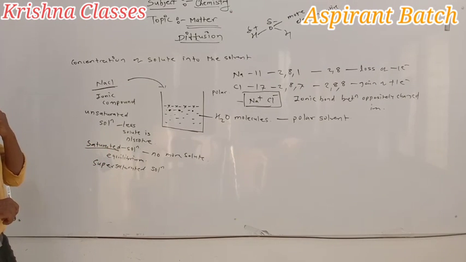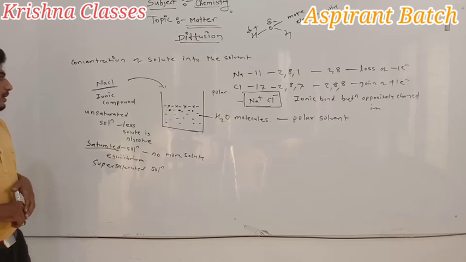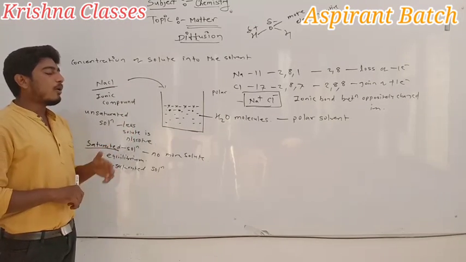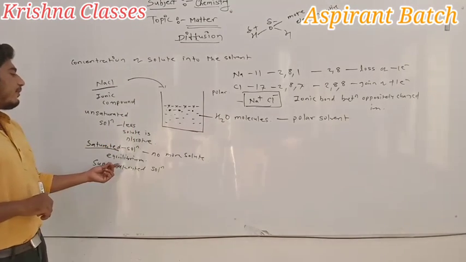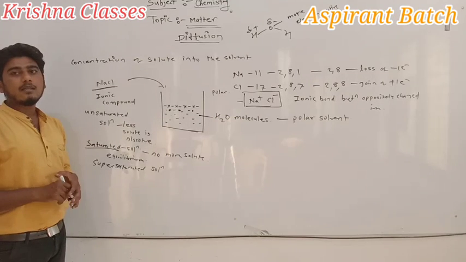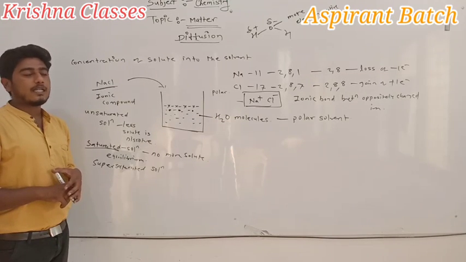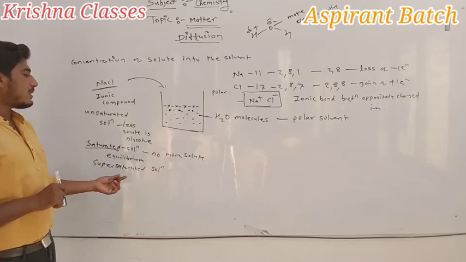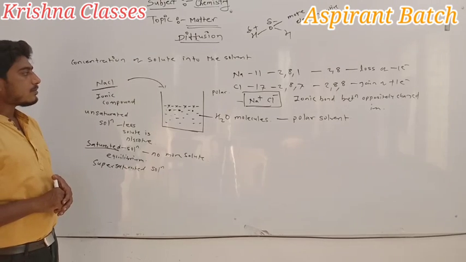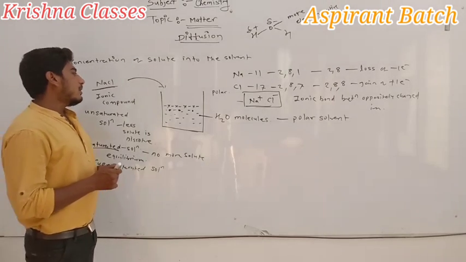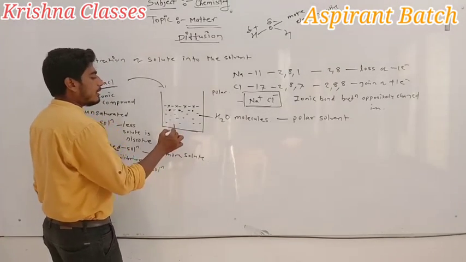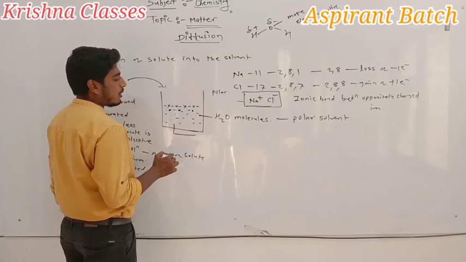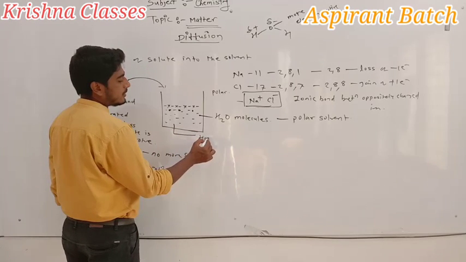That means by increasing the temperature, some amount of solute dissolves beyond its equilibrium constant. Then the saturated solution is called a supersaturated solution. And through this dissolution of sodium chloride into the water, a homogeneous solution is formed.